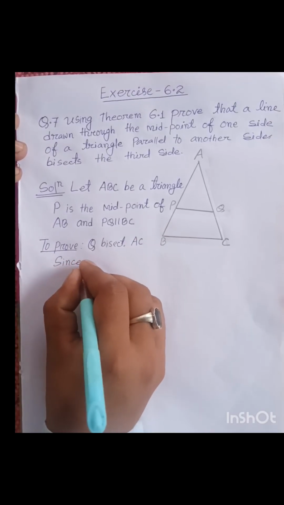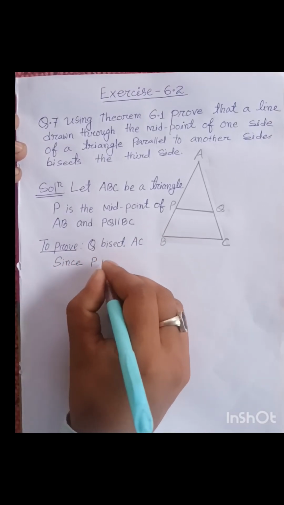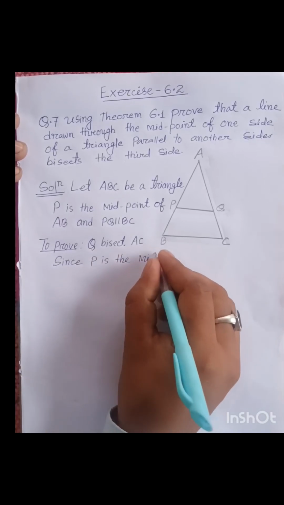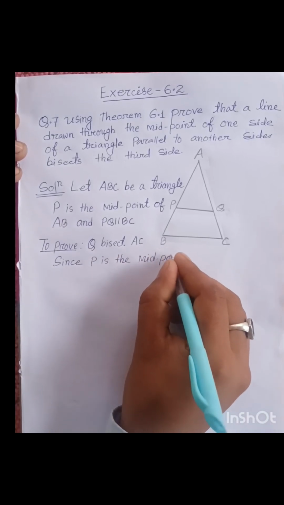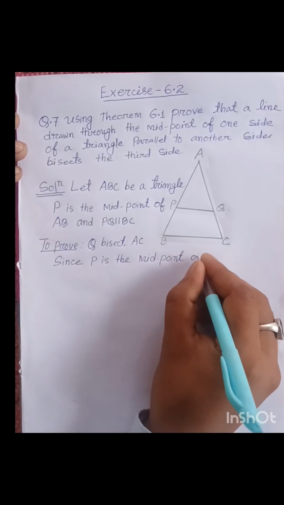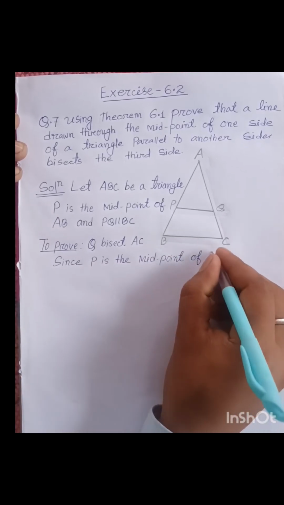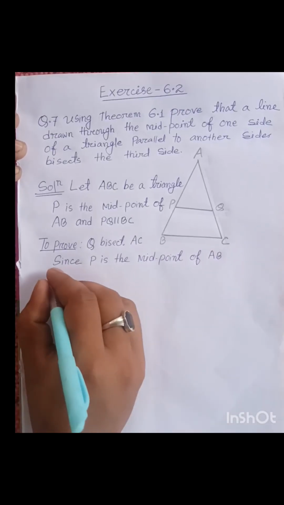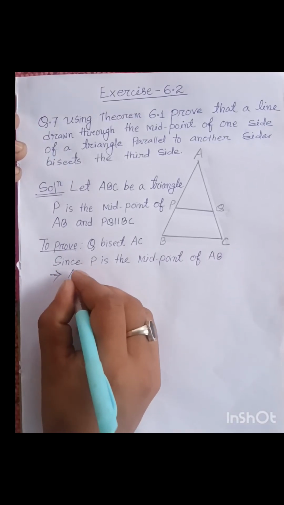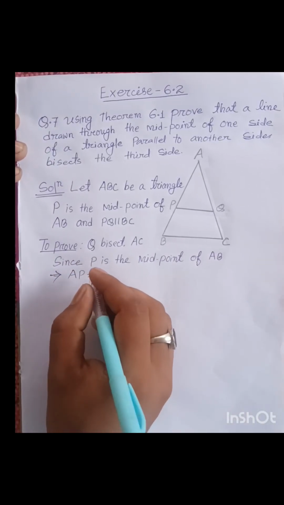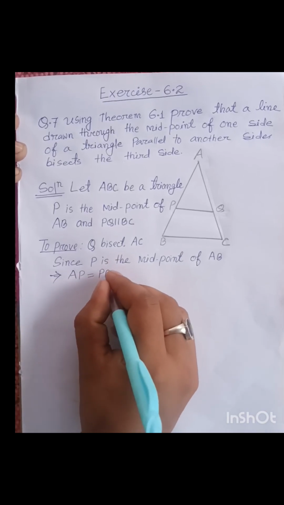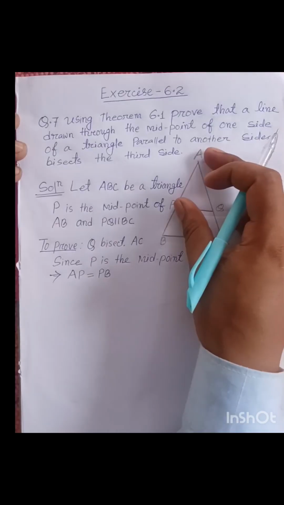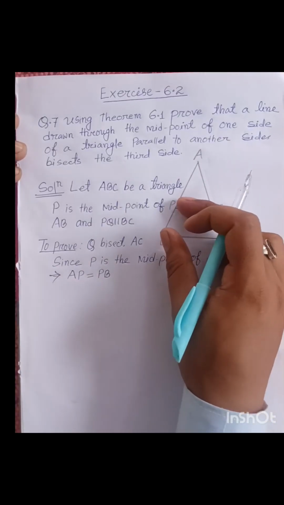Since P is the midpoint of AB, then I can write AP equal to PB. If P is the midpoint of AB, then I can write AP equal to PB.